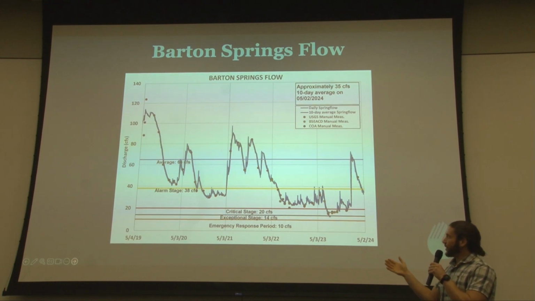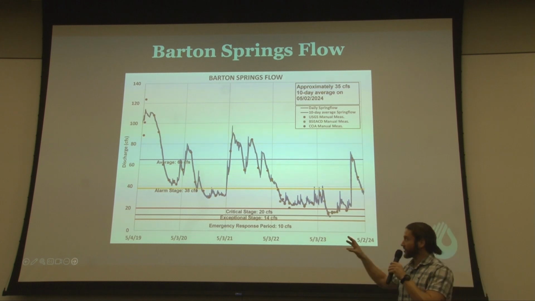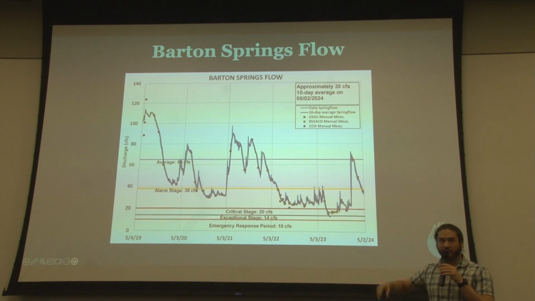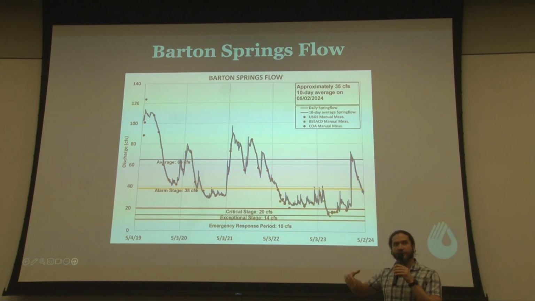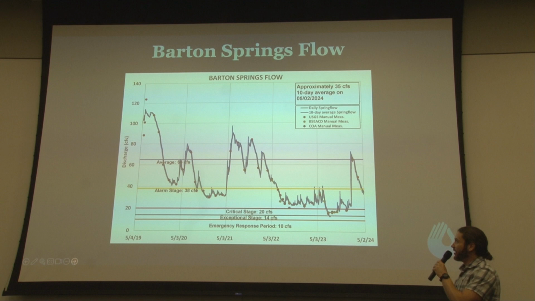So we do have specific large rainfall events where we'll see Barton Springs flow bounce back up above that average quickly, quicker than the Lovelady well. But then fairly quickly, once the rain stops, that spring flow drops back down to where it was before. So we're seeing similar trends looking at our Barton Springs flow.